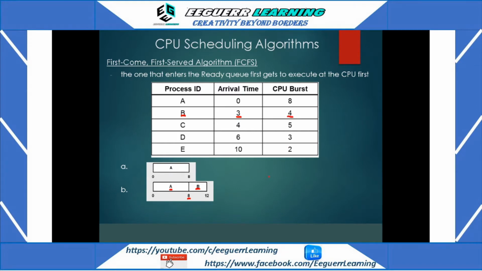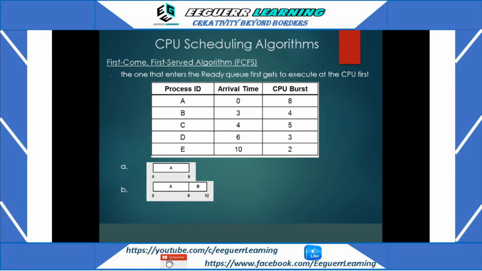So 8 plus 4 will give us 12. Then process A and B are now scheduled in our ready queue.